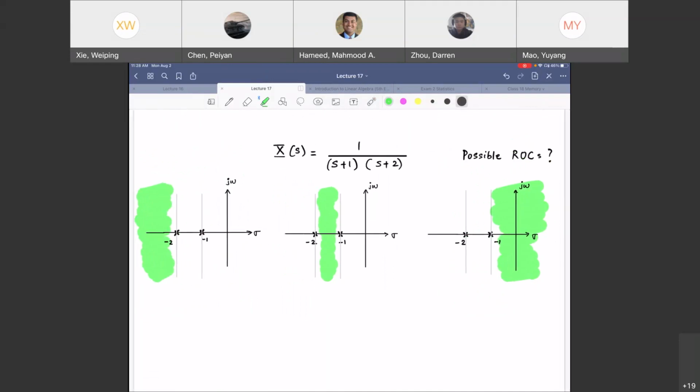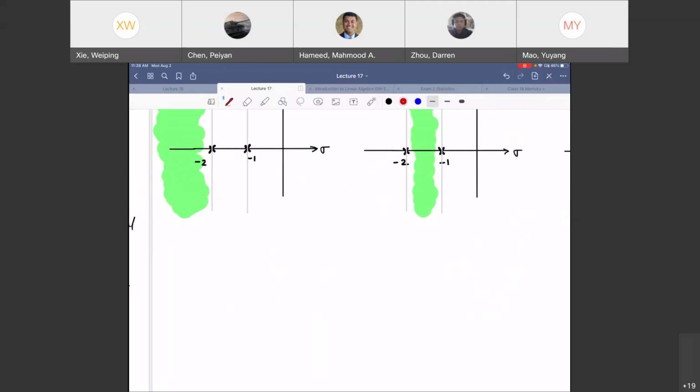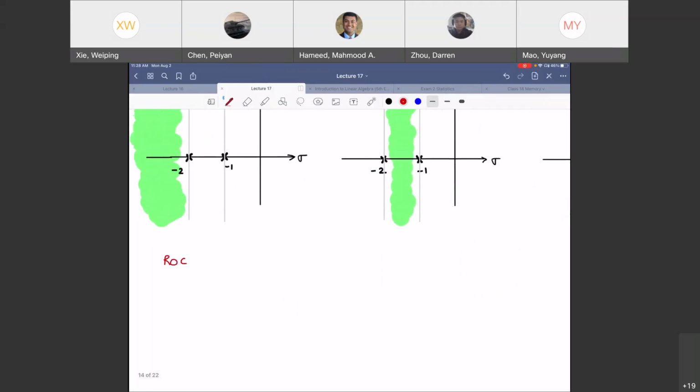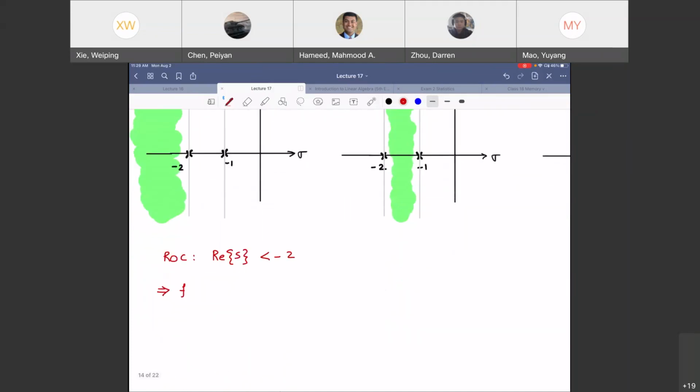For each of them, let's try to identify what that is going to correspond to. Here you have the ROC as what? Real part of s is less than -2, right? What will this be true for? This is x of t.